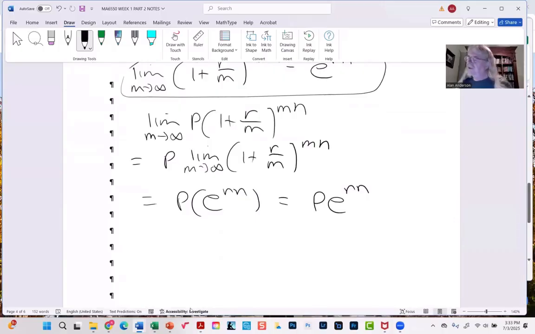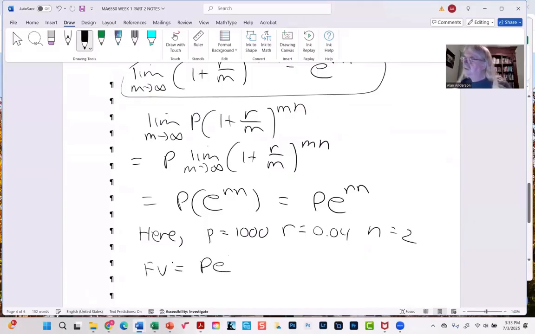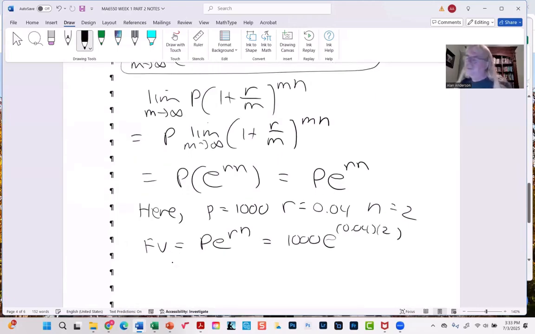In this case, remember before the principal is 1,000, it's 4%, 2 years, then the future value is going to be 1,000 e to the 0.08, and that's going to leave us with 1083.28.